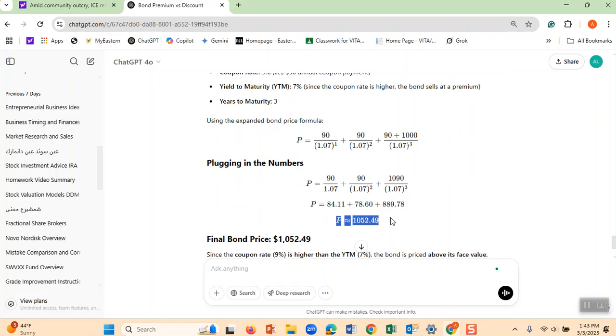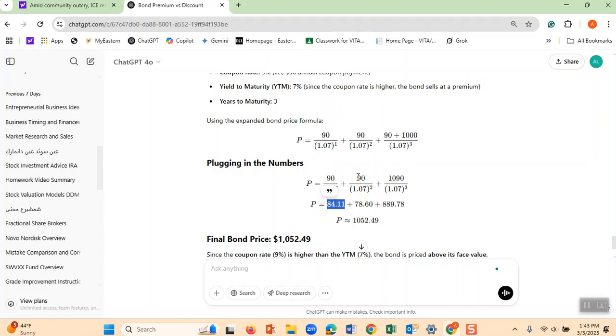$1,052, which means in the first year, the amount of money that you are going to get is this much. This $90 would be after 1 year, because you are getting it 1 year down the road. Therefore, the value of $90 today is less than $90 one year from now. That's only $84.